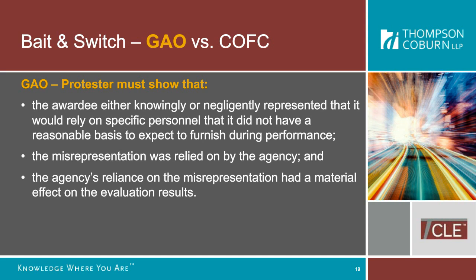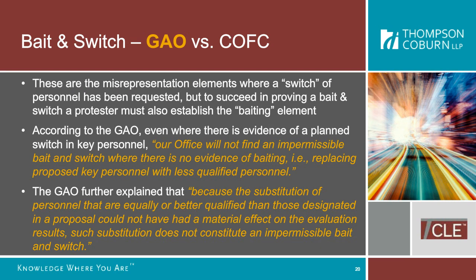But in order to succeed in proving a bait and switch, there's oftentimes considered another aspect of this as well, referred to as the baiting element. And what this goes to is that GAO will find that even where there's evidence of a planned switch in personnel, they will not find an impermissible bait and switch if there's no evidence of baiting.